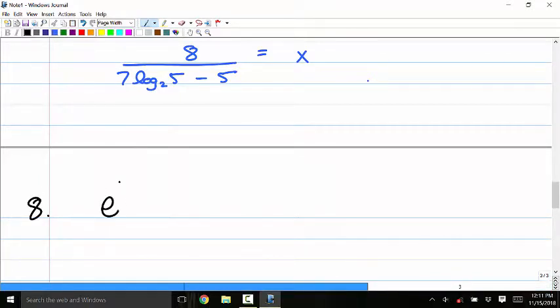e to the 2x minus 11 e to the x minus 42 equals 0.